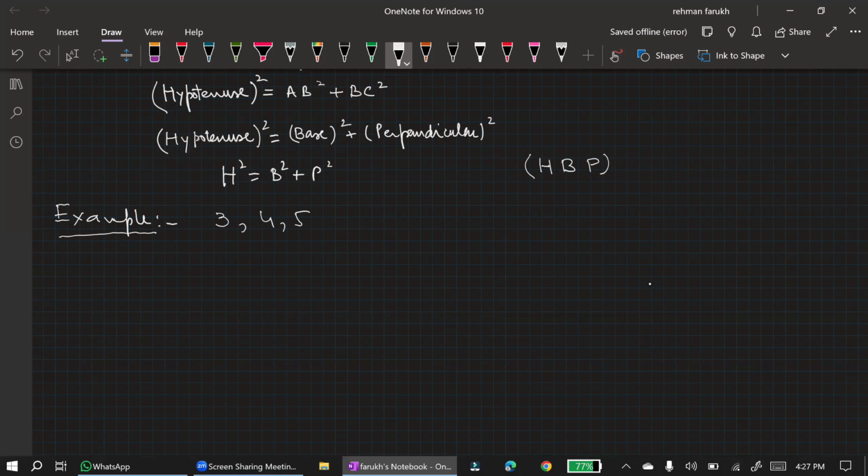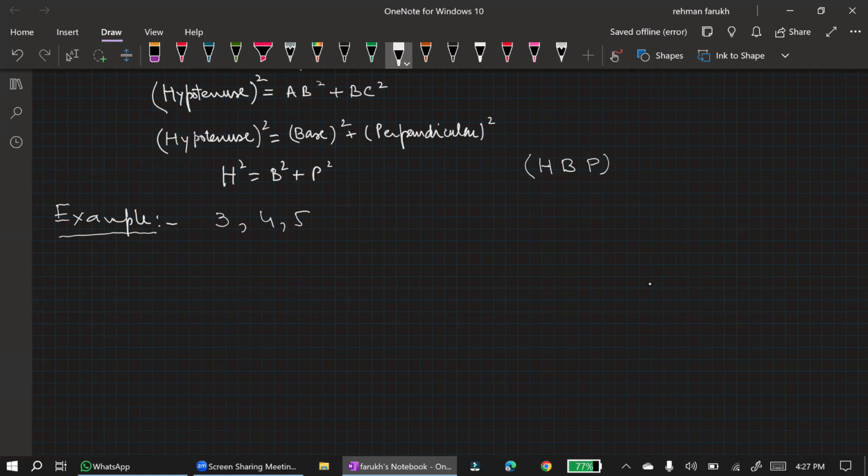Do you know that hypotenuse is the longest side? Yes, sir. Now, which one is the longest side, 3, 4, or 5? 5. So 5 is the hypotenuse.